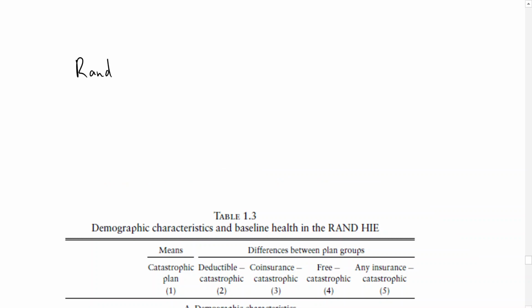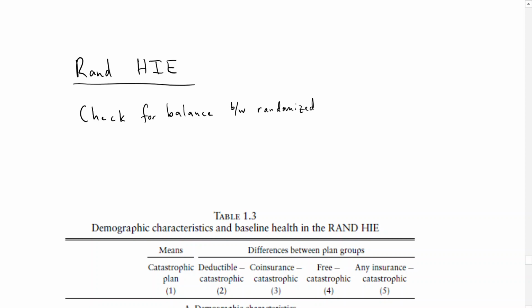And remember, the first thing we're doing is checking for balance to make sure that the characteristics are similar across all the randomized groups. So we're going to check for balance between the randomized treatment and control groups. It should be pointed out that this is baseline health.